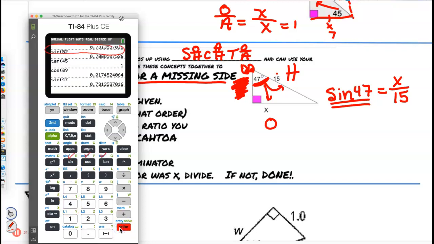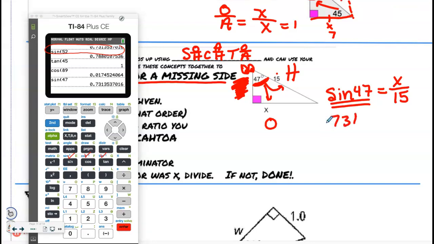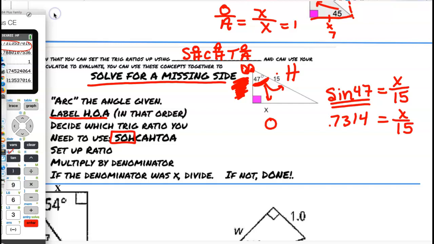The sine of 47 is 0.731, etc. So I'm going to write it here, 0.7314-ish is equal to x over 15. And now what it says is, on your fifth step, multiply by the denominator. We're going to multiply both sides by 15.